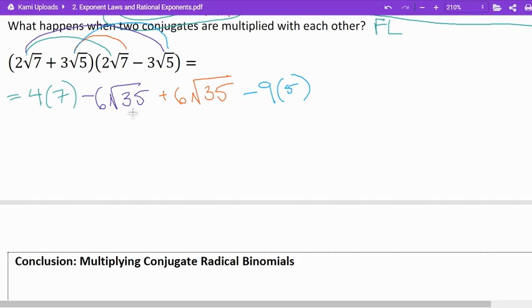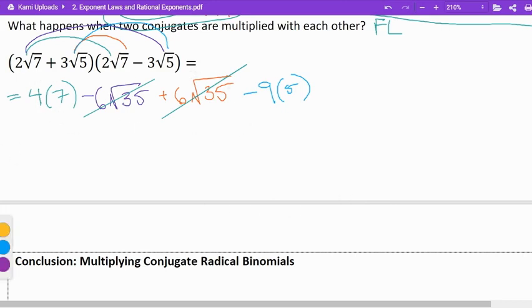Because watch, we have negative 6 root 35, positive 6 root 35. So folks, this is like multiplying the sum and difference of two binomials. We've done this before. This is the FOIL rule. Multiply the first ones and the last ones.